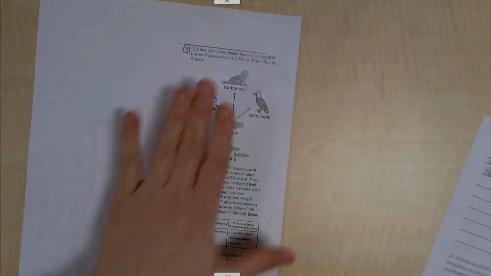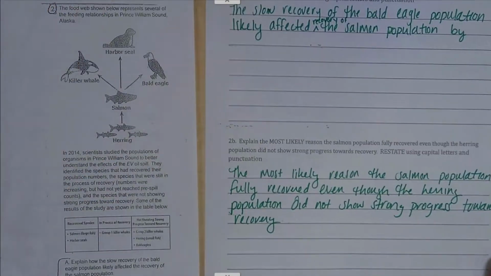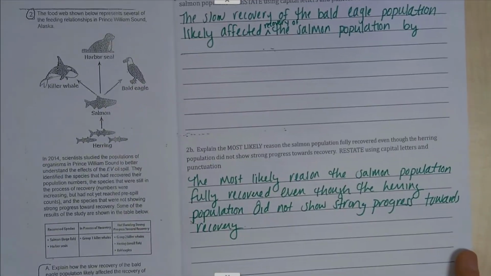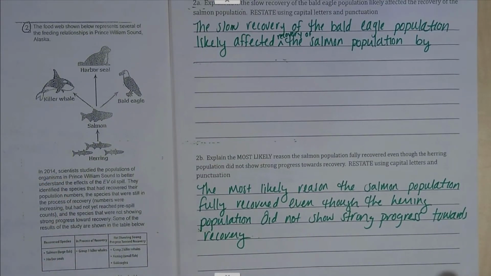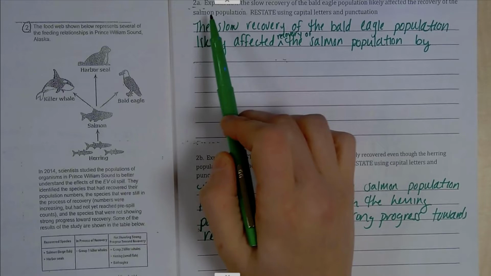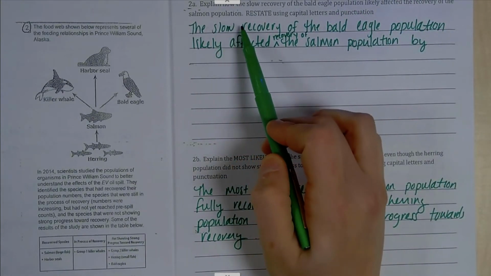So this is where you had to read this passage and then you had to kind of explain what was happening. So this now takes us to 2014 based on the same passage. It was talking about 1989, now it's 2014. So it says, explain how the recovery of the bald eagle population likely affected the recovery of the salmon population.